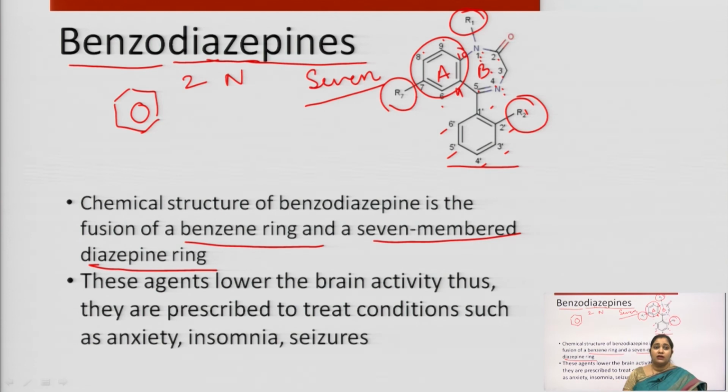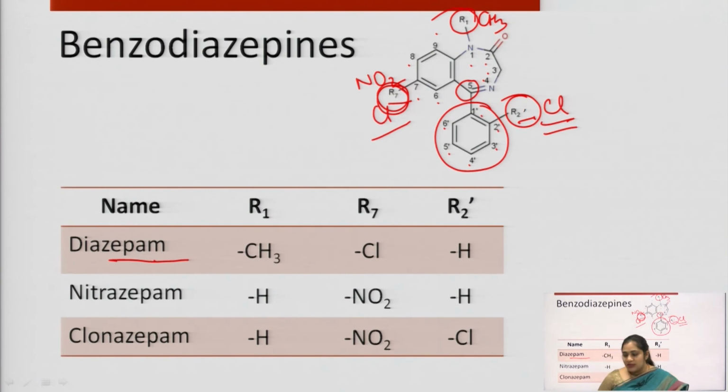Also in insomnia, where the patient is not able to sleep, benzodiazepine really works well. In case of seizures, when there is extra signaling from the nerves, benzodiazepines also work well. The examples are diazepam, nitrazepam and clonazepam.